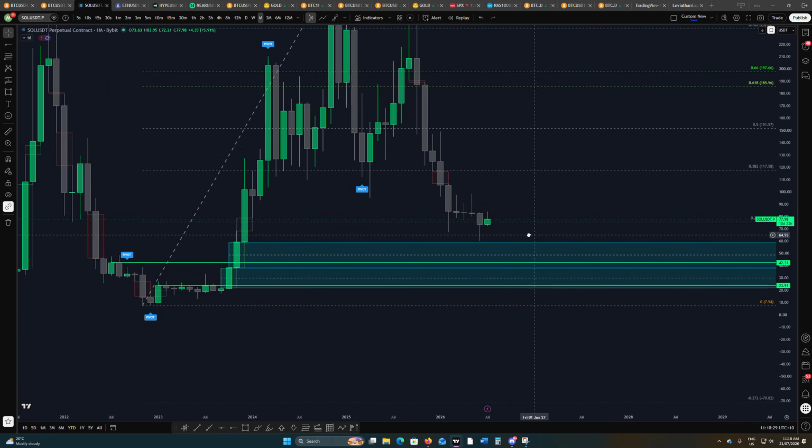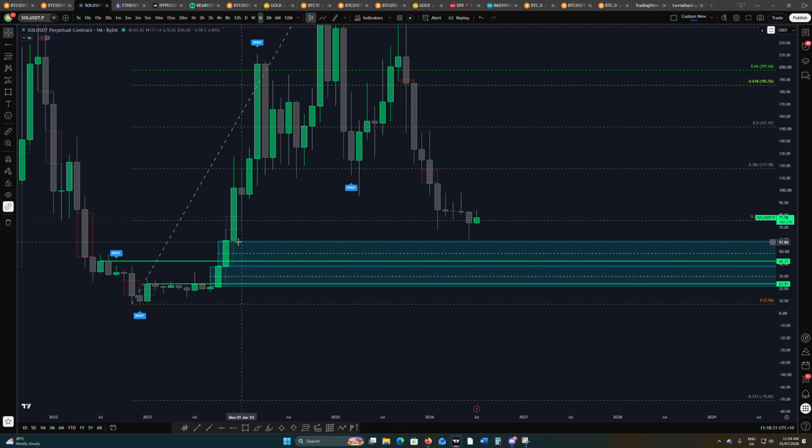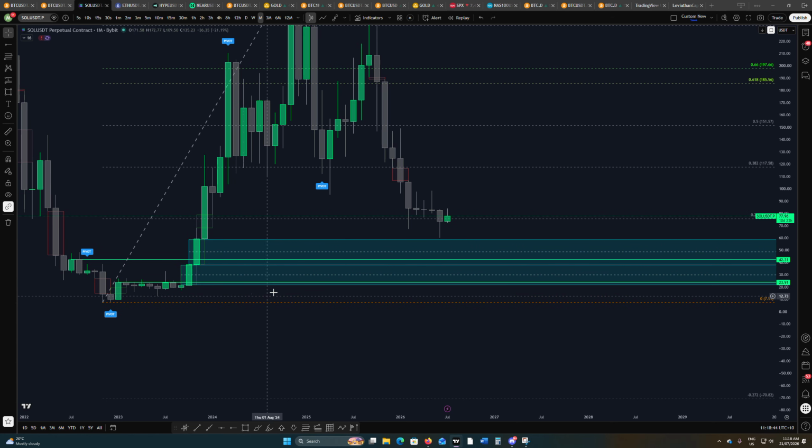But my thinking is around this area, say from $60 to about $22 would be the area in which I would want to have a lot of spot accumulation. That's what I would be looking for.